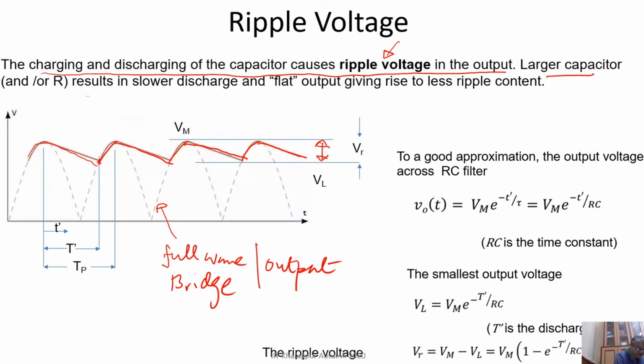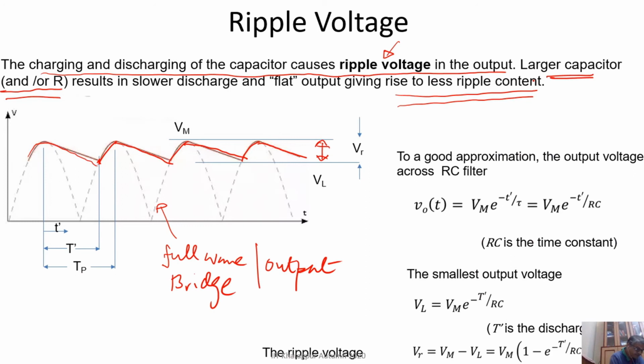So the larger the capacitor or the larger the load resistance RL, the lower will be the amount of ripple voltage, or less will be the ripple content. Now we can find an expression for this ripple voltage.